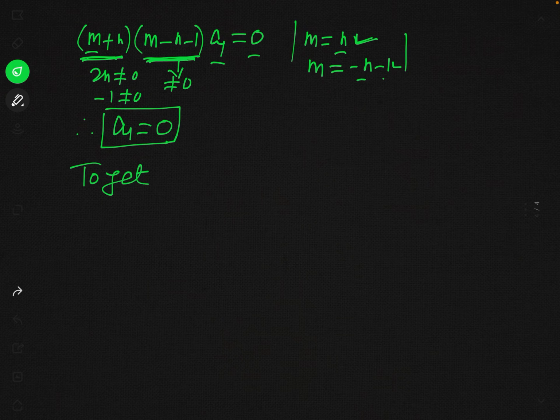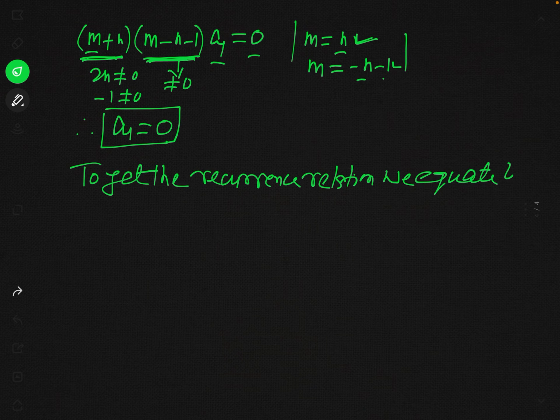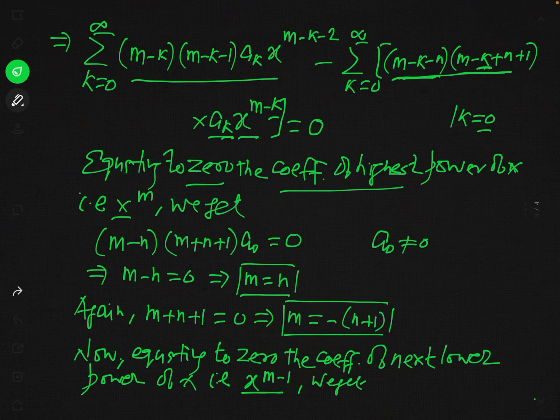So to get the recurrence formula or recurrence relation, we equate to 0 the coefficient of x to the power m minus k.